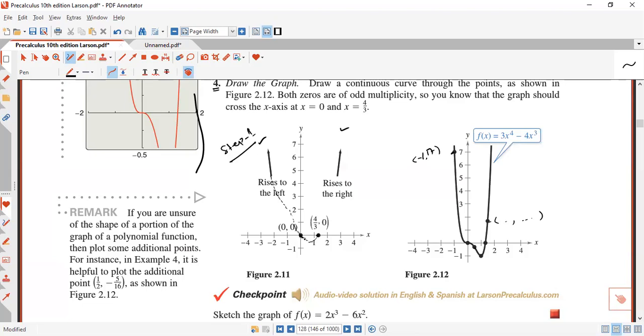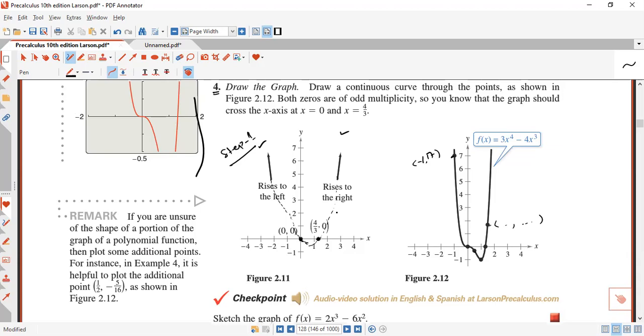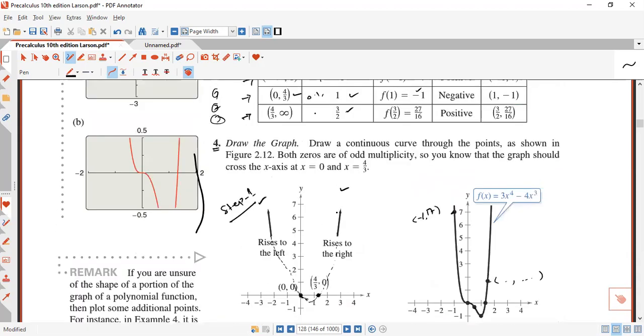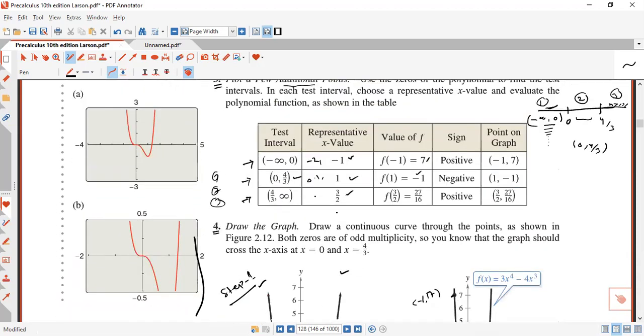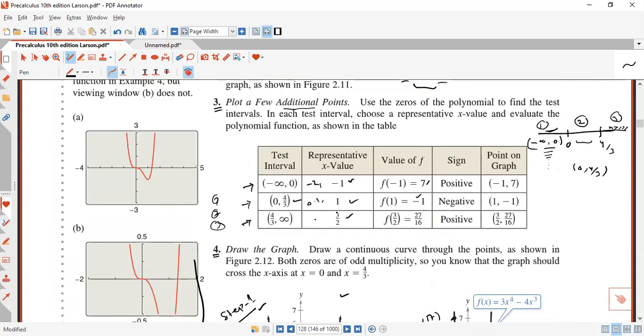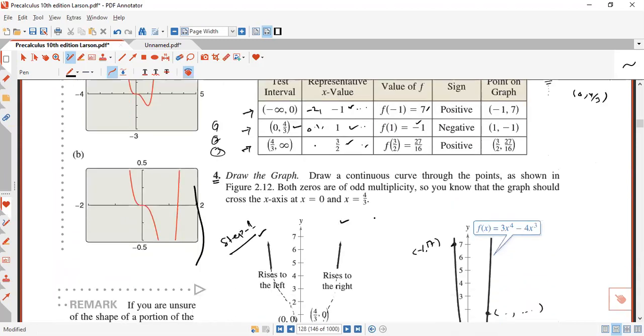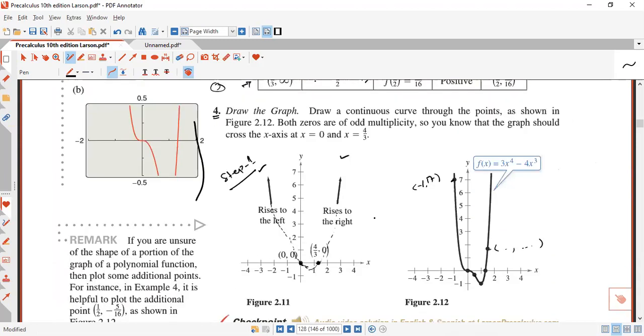So we don't know exactly what it will look like, but roughly you may sketch it. And if you want more accuracy, then you have to increase the number of points in step 3. Okay, so if you are plotting many points here, let's suppose 10 to 5 here, 10 to 5 here, 10 to 5 here, and you are plotting on graph paper, that will be exactly the graph.